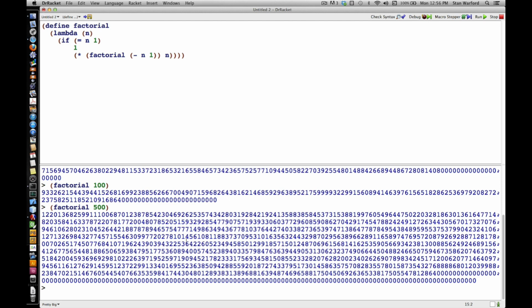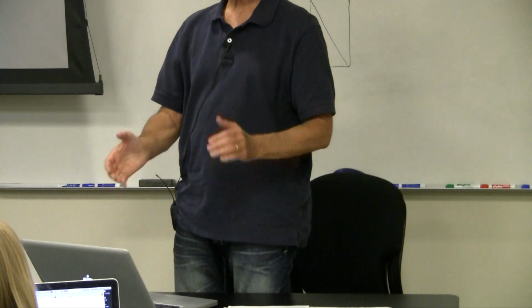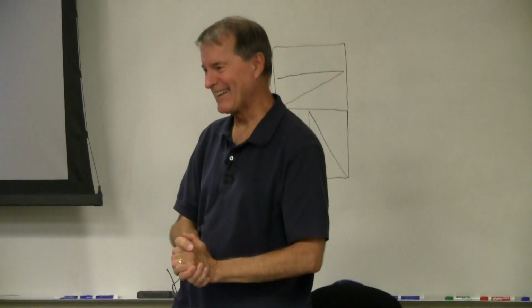Pretty amazing. Yeah, you try to do this in C++ this easily. This is like infinite precision integer arithmetic. How is that possible? In Scheme. Isn't Lisp powerful? Yeah. And with that, we'll call it quits.